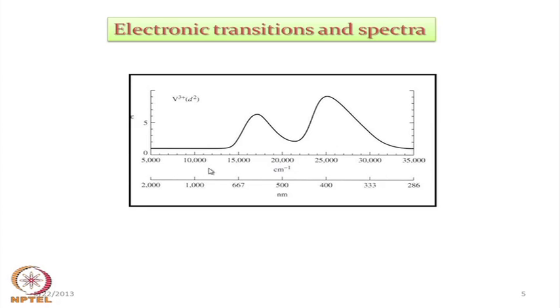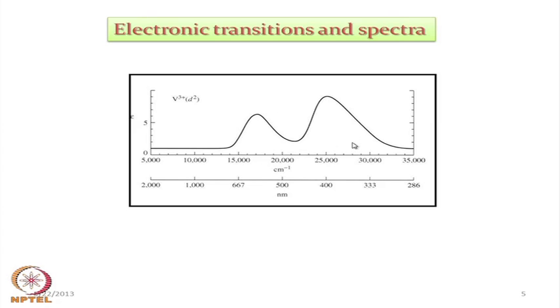In most of these calculations we calculate these values for the different transitions, the nu 1 band and the nu 2 band, in terms of centimeter inverse, like that of our FTIR spectrum. In infrared spectroscopy also we find the corresponding energy values which appear in the IR region.